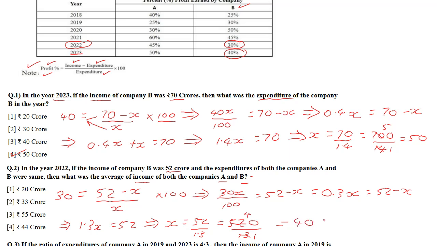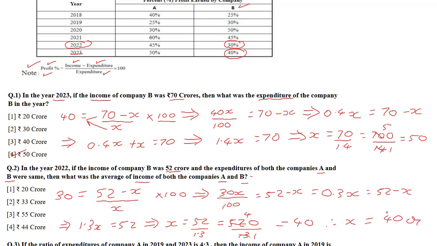And what we are getting over here is the expenditure for A and B. So what I've just got is B, but it is also equal to the expenditure of A. Now, after having calculated X, therefore X, which is the expenditure of both the companies, is 40 crores.